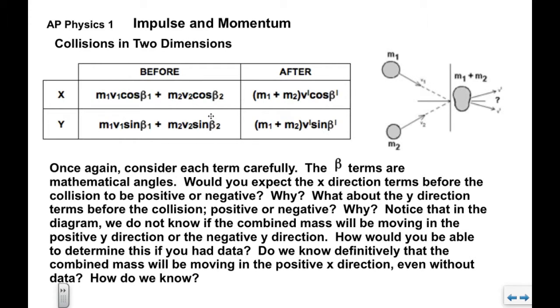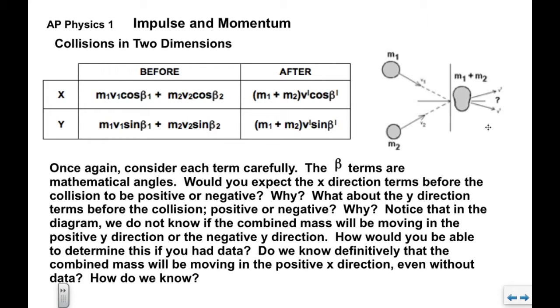Okay. Now, note something about the image after the collision. We don't know if m1 plus m2, if this combined mass is going to be moving to the right and up or to the right and down. We do know it's going to be moving to the right because both of these are moving to the right initially.